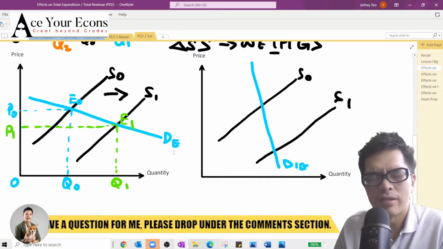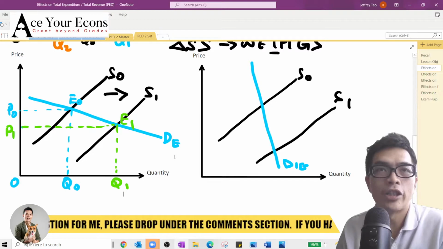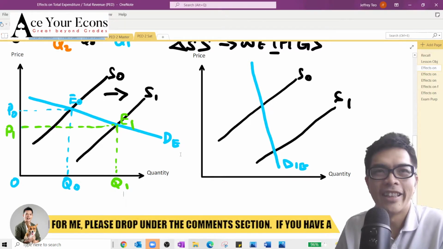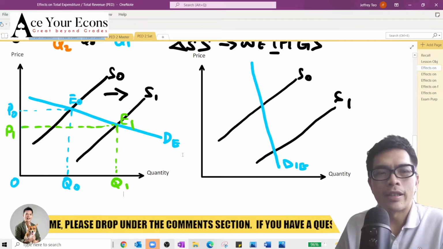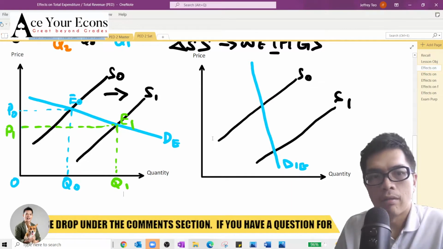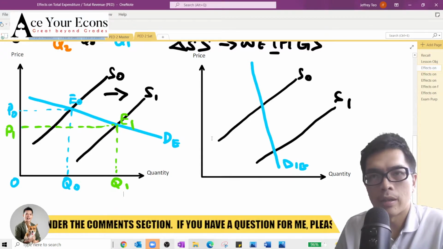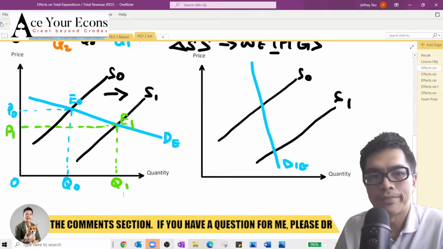Can you all type out? Using the same analogy I've covered earlier on. With an increase in supply, when your demand curve is sufficiently elastic, what is going to happen to your producer revenue or consumer spending? Goes up or goes down?